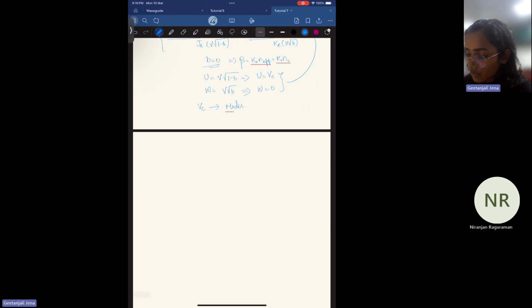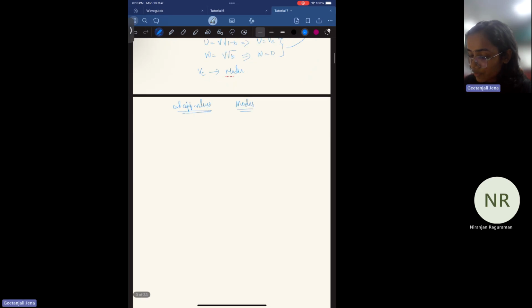So if we list out some of the values, this is for your case: for different modes, what are the different cutoff values? The first mode is the LP01 mode. This has no cutoff, you can take it as 0.